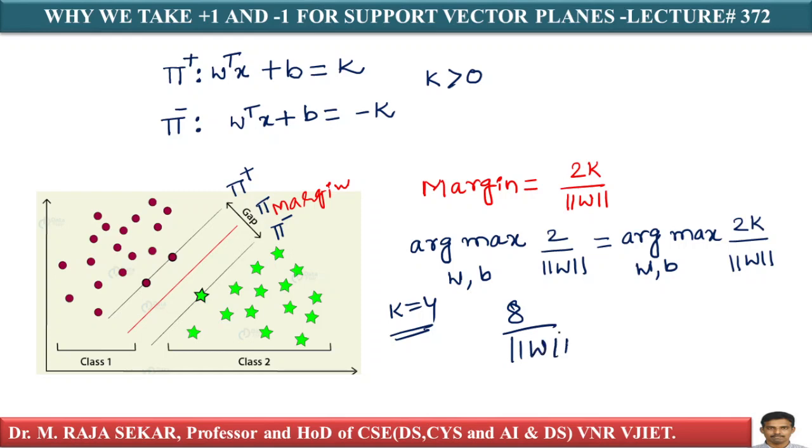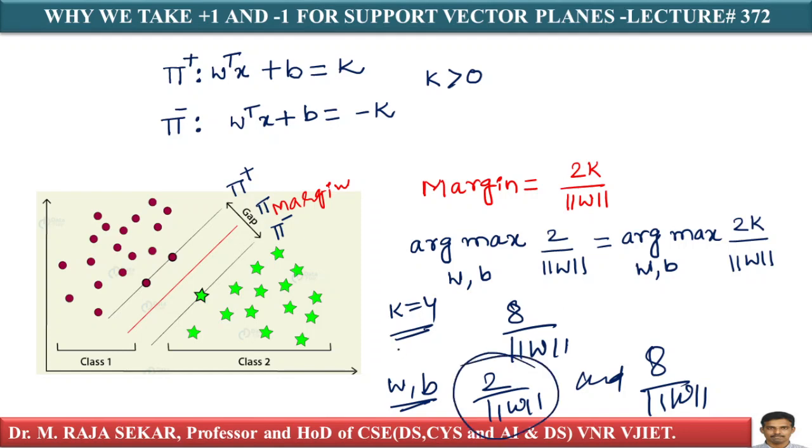The w comma b which maximizes 2 by norm w and 8 by norm w is the same from the optimization point of view. That point is important, isn't it?